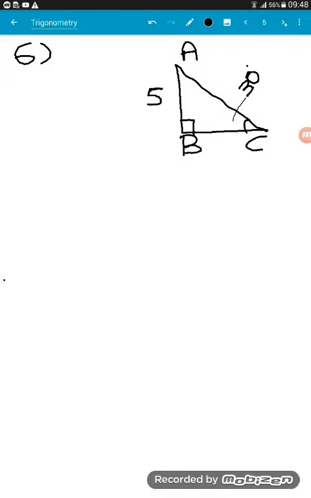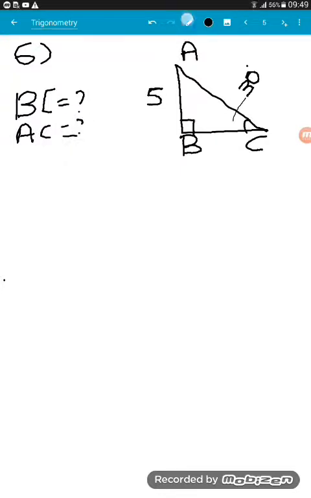That means we have to find the length of BC and AC.